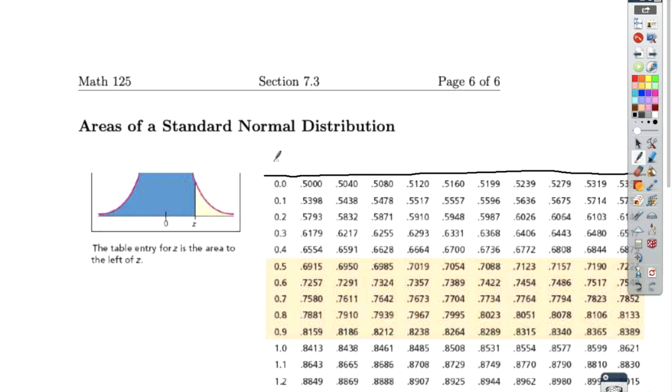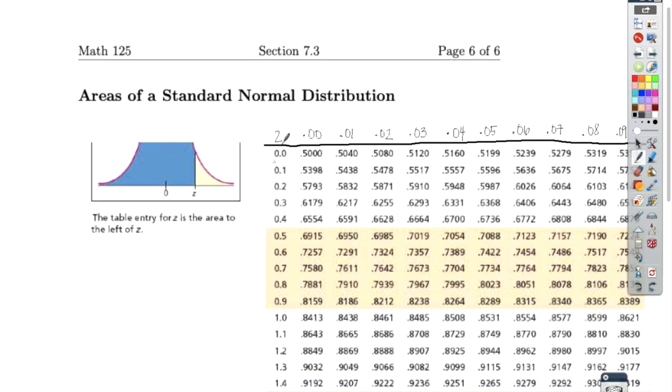So here's our z and then 0.00, 0.01, so that we just have a complete table. So do that before we start. 0.08 and 0.09.